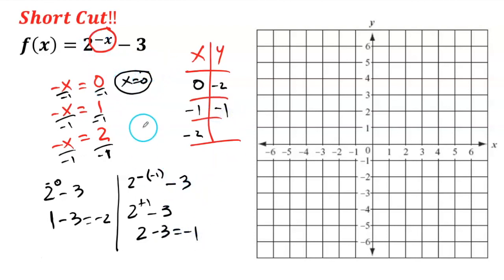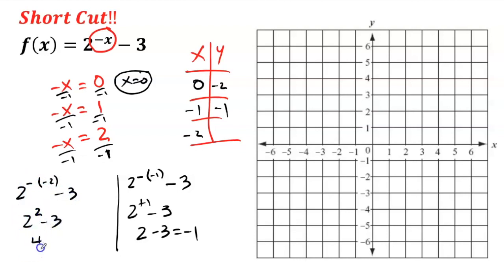Same idea with the last value. 2 to the negative negative 2, minus 3, 2 negatives become positive. 2 squared is 4, minus 3 is 1.